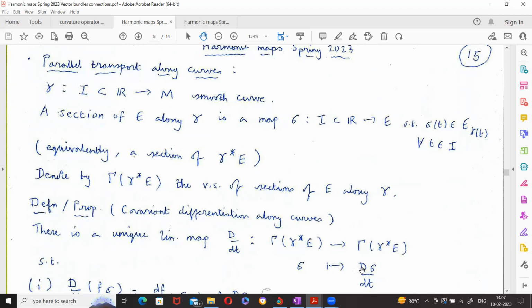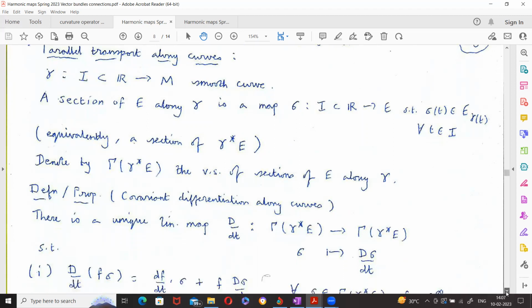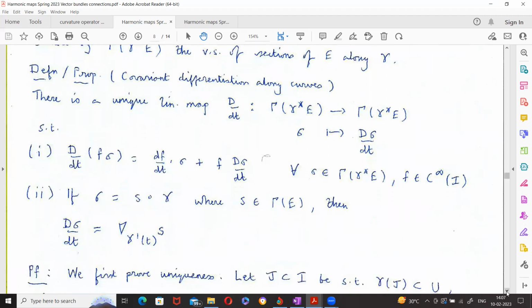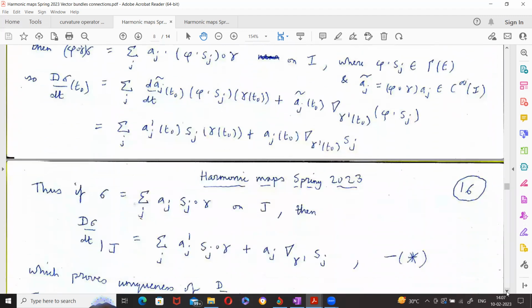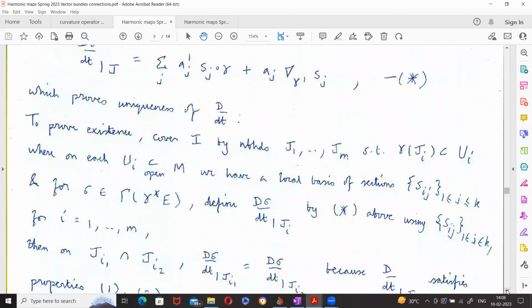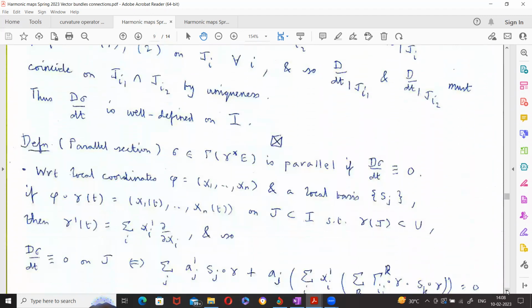Sigma goes to capital D sigma dt, which satisfied the Leibniz rule and was compatible with the connection nabla, in the sense that if sigma was given by the restriction of a global section of E to gamma, so sigma is equal to S composed gamma for some section S of E, then capital D sigma dt was nabla sub gamma prime t of S. So we proved the existence of this covariant derivative and gave a formula for it in terms of a local basis of sections.